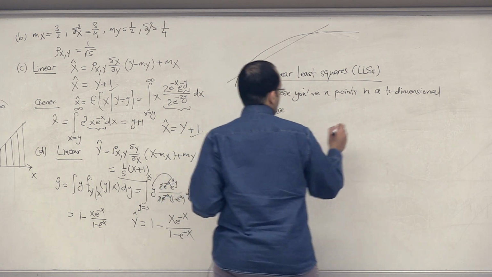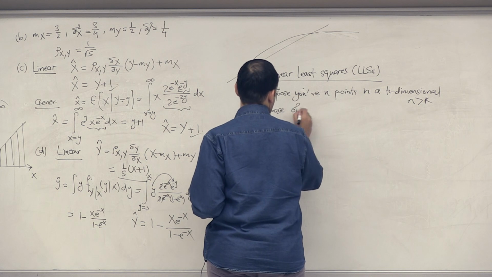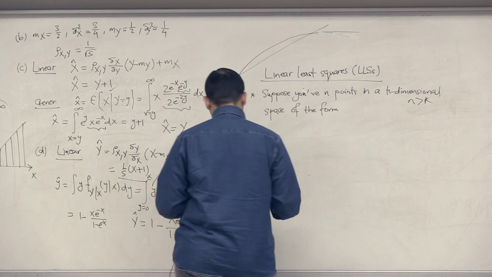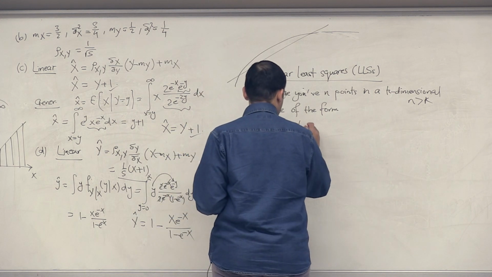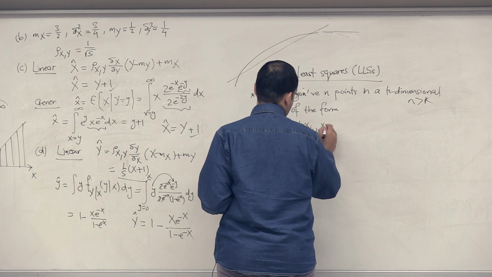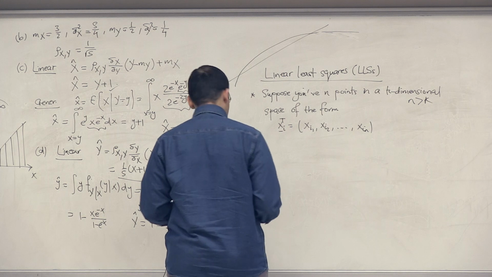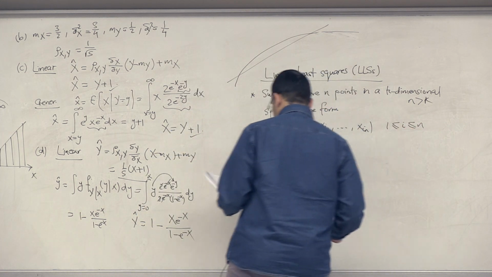And these points, where n is greater than k, are of the form xi transpose equals xi1, xi2, ..., xik, 1 less than or equal to i less than or equal to n.